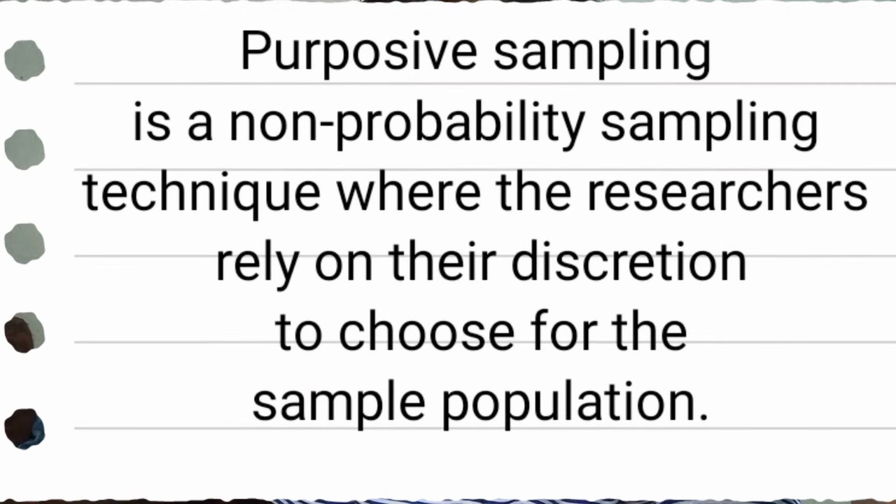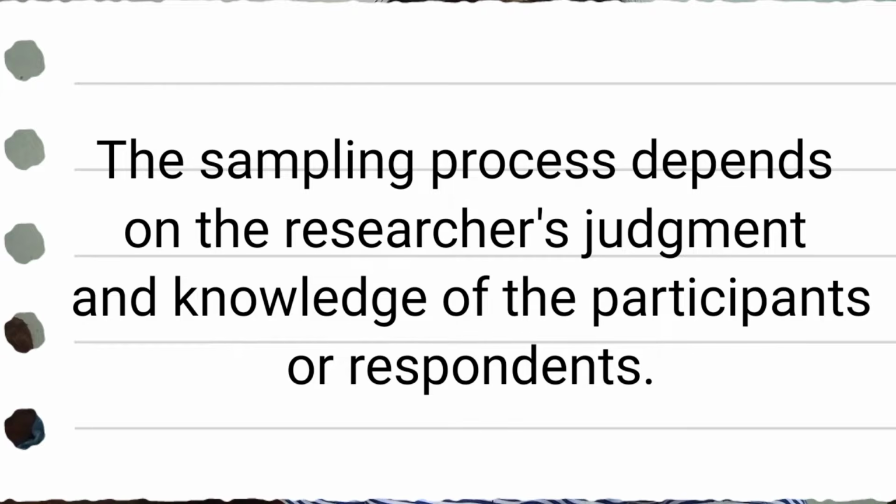Purposive sampling is a non-probability sampling technique where the researchers rely on their discretion to choose for the sample population. In this method, the entire sampling process depends on the researcher's judgment and knowledge pertaining to the participants, research subjects, or respondents.